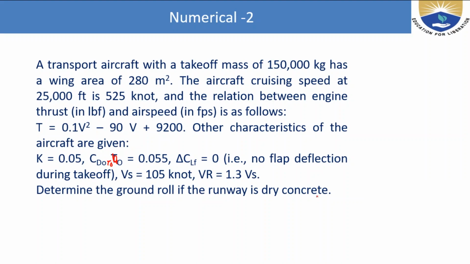So these are the few parameters which we have been given. We have to determine SG, that is the ground roll distance. So we will start now with the given parameters. Mass is given, M is equal to 150,000 kg.